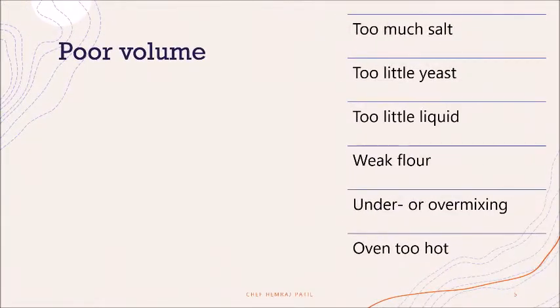the first shape fault is a poor volume. Why does not our bread rise properly? What are the causes of that, we are going to discuss in this slide. So the first cause for poor volume is too much salt is used.